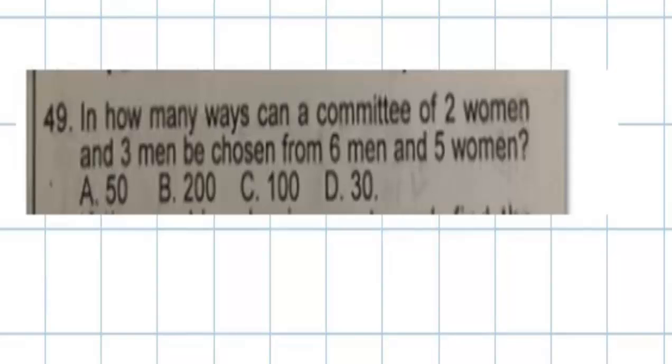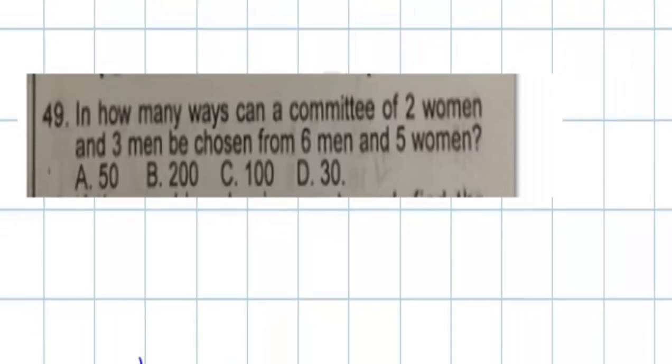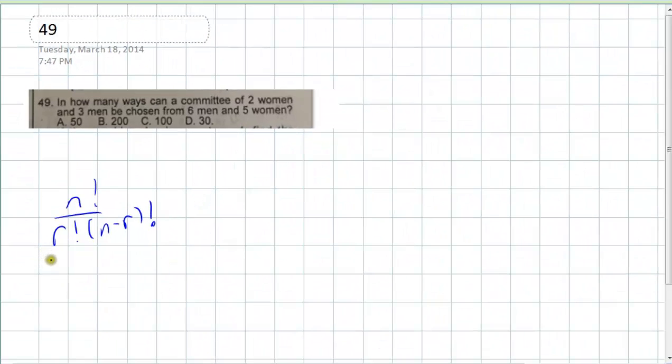So question 49 says, in how many ways can a committee of 2 women and 3 men be chosen from 6 men and 5 women? So essentially what we want to do here is we're going to use this right here. So in our case, order does not matter, but there cannot be repetition.